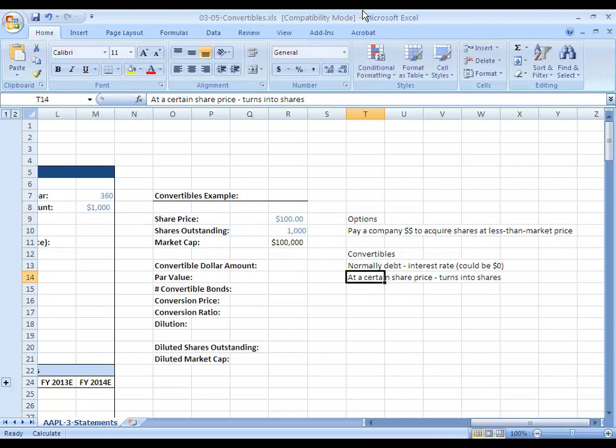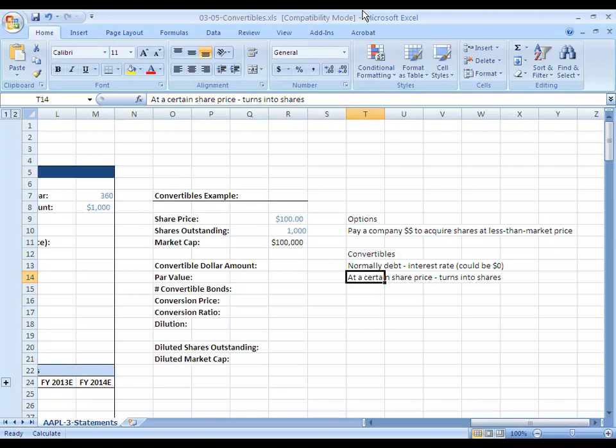So similar to options, there's also an exercise price or strike price for convertibles. And going back to the example from before, if that price is $20, let's say, and the current share price of the company is $100, then we'd assume that the convertible investors would turn their convertible bonds into shares of the company. And so that's how it would work.